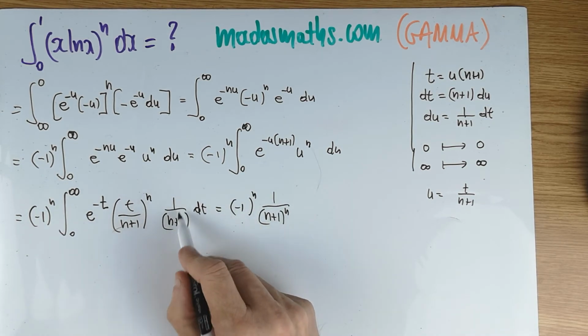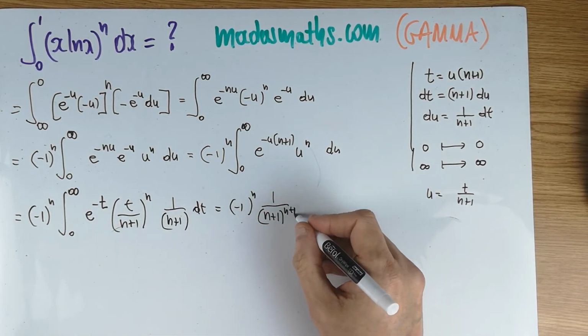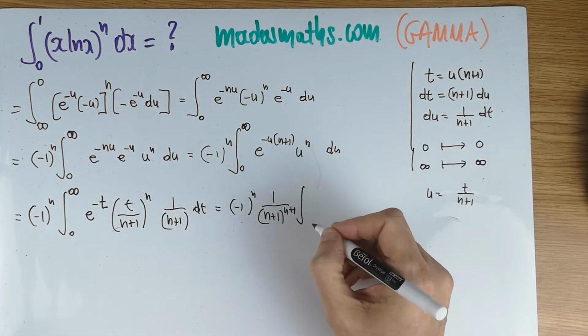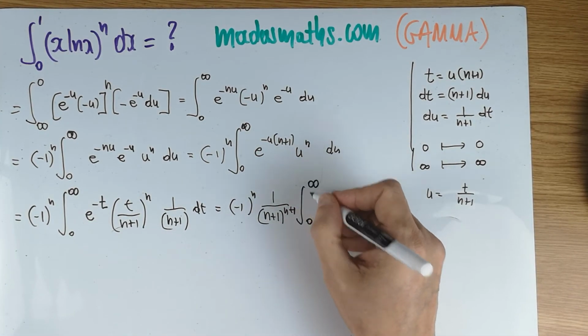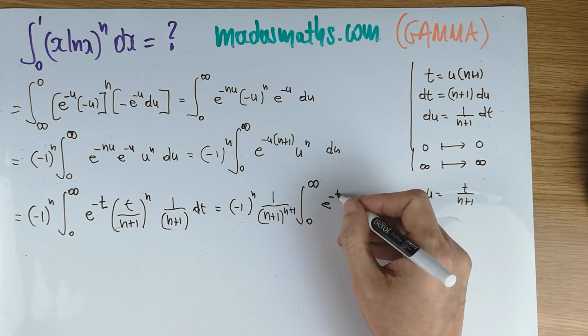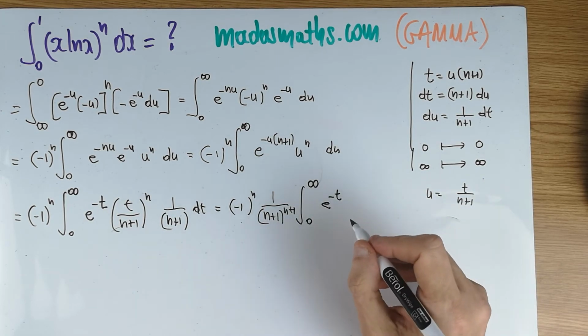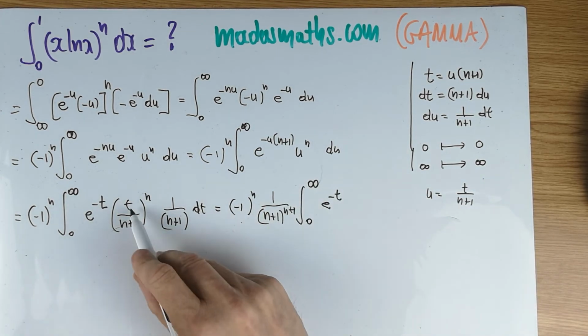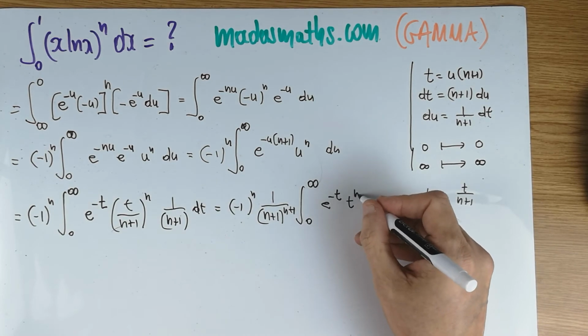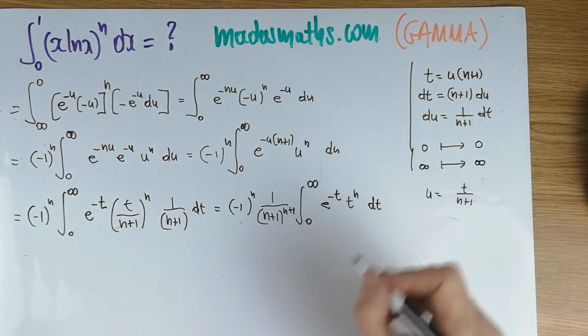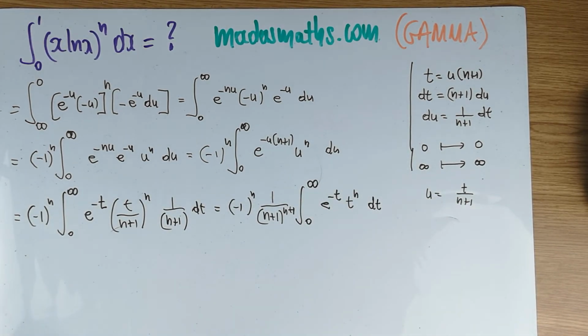But of course I got another spare one from there, so I'm going to write it n plus 1 straight away. And then I still have the integral 0 to infinity e to the minus t, and then of course what we got left there, t to the n dt.